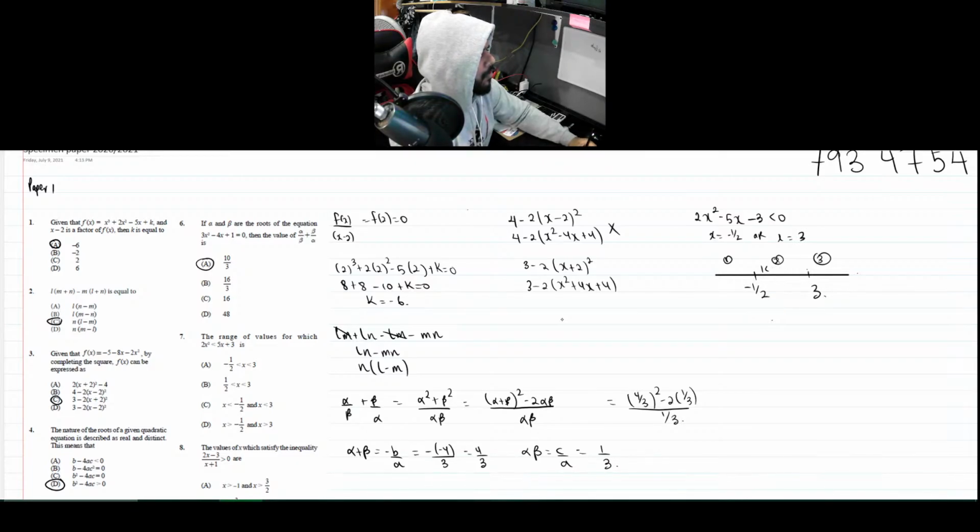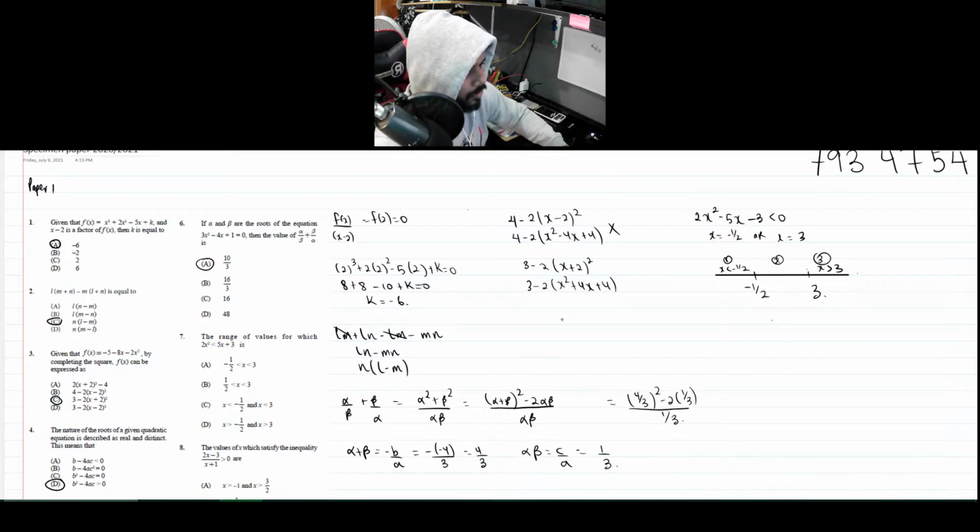So I'm testing 0. We just tested 0. 0 didn't make any sense. 0 is in section 2. So the answer will be 1 and 3, which is x is less than minus a half union x is greater than 3.